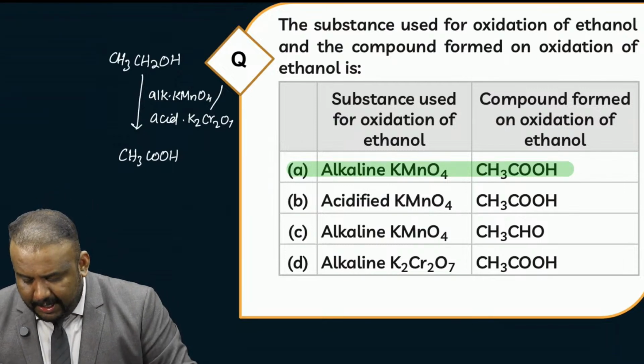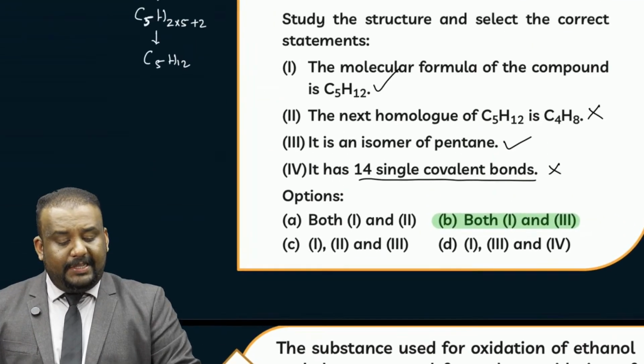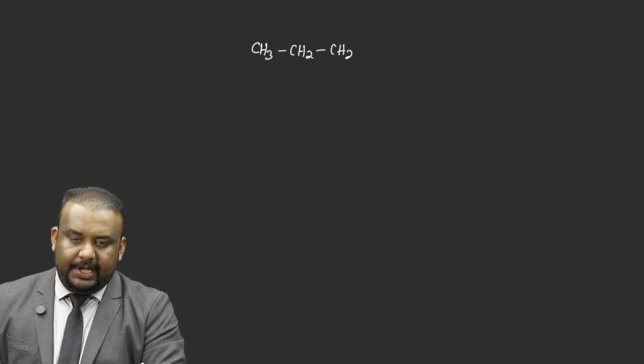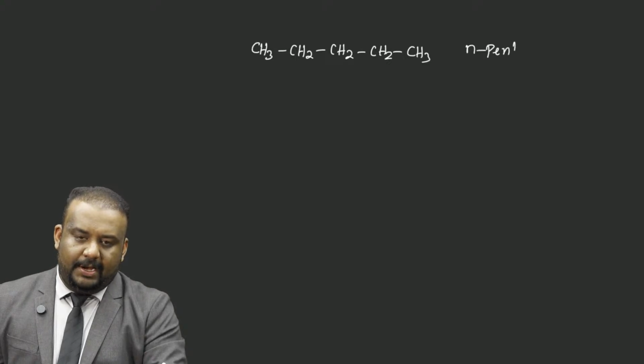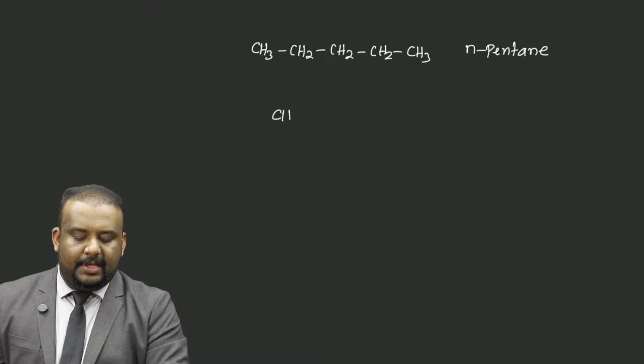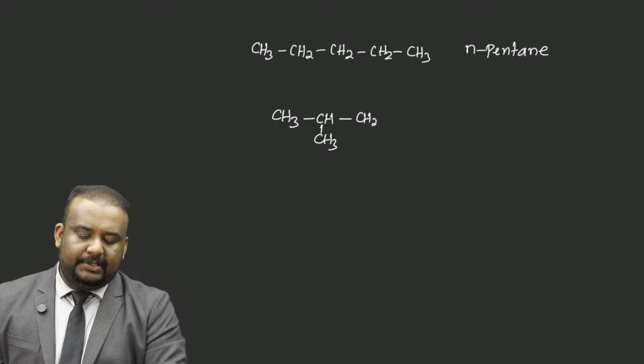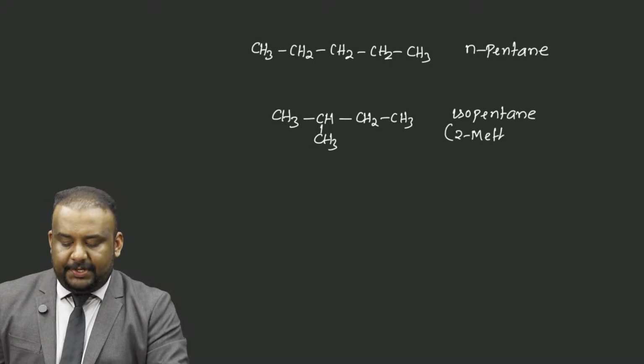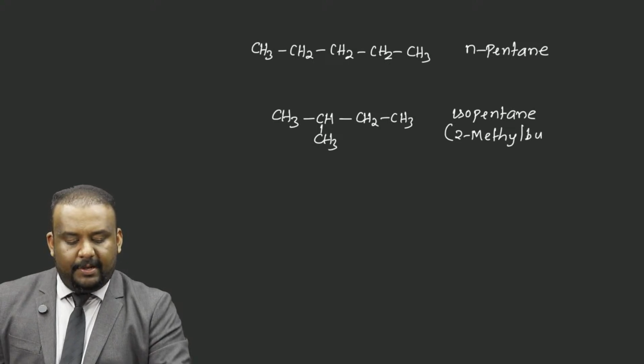Show neopentane. Yes, sure. About the isomers part I was discussing in the last slide. For n-pentane, the first isomer is CH3CH2CH2CH2CH3. This is normal pentane, the straight chain of 5 carbons. Then we have CH3CH(CH3)CH2CH3. This is called isopentane, which is a common name, and the IUPAC name is 2-methyl butane.